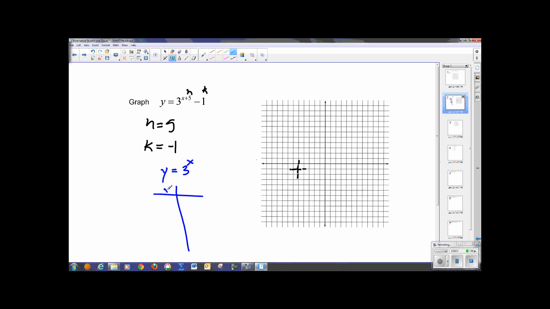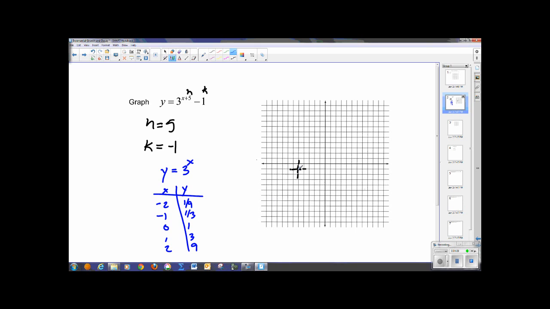So I have x and y values. I usually go -2, -1, 0, 1, 2. This gets me 1/9, 1/3, 1, 3, and 9.